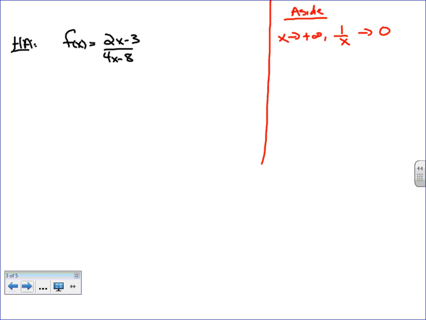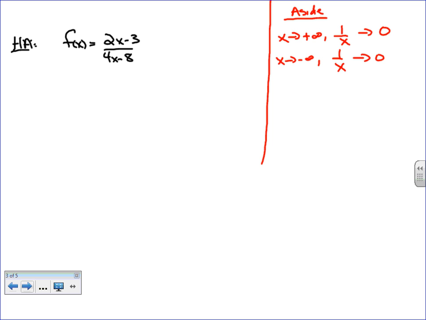Okay, so what happens if I was on the left-hand side of it, if I chose negative numbers? As x approaches negative infinity, what would 1 over x approach? Yeah, also 0. It just wouldn't matter, because the decimals would be negative.